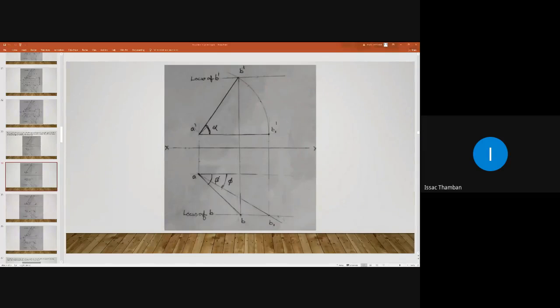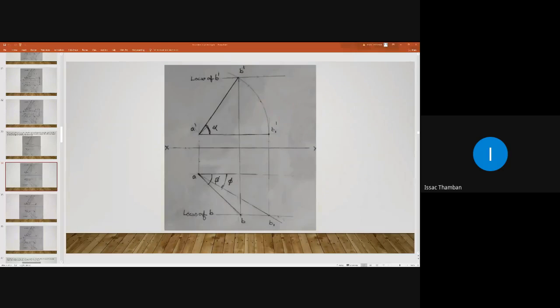Muhammad Rasi. Yes, sir. What is the true length? What is the length of line AB1? That is the true length. 5.5. I need dimension in mm, not in centimeters. All dimensions must be in mm.